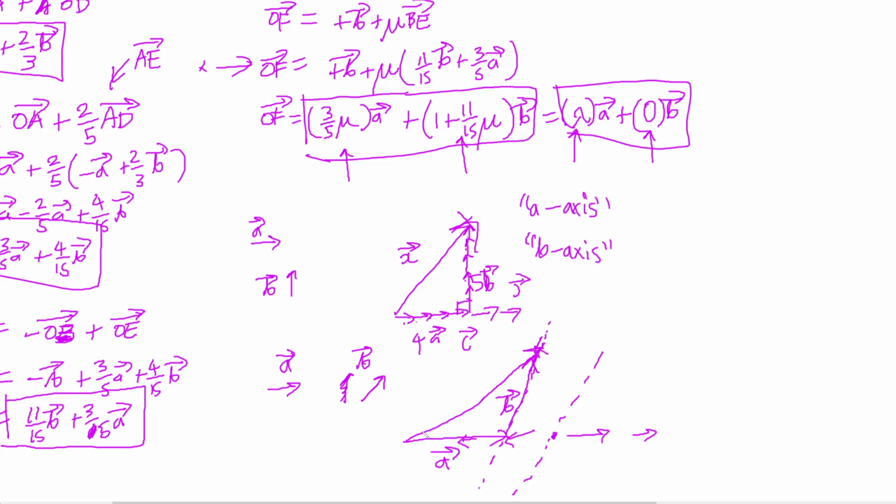If you have a unique vector x, and a and b are two non-parallel vectors, this amount of a will never change because there is only one amount of a that this x can be decomposed into. And at the same time, there's only one amount of b that this x can be decomposed into.